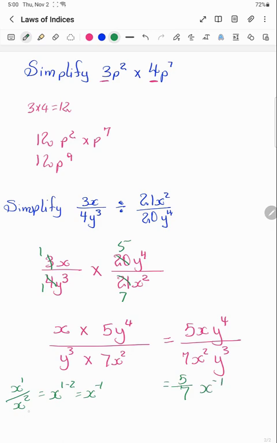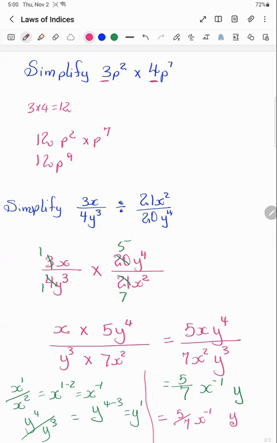Let's work out the y powers now. We have y to the 4th divided by y to the 3rd. And that's going to be y to the 4 minus 3, which is y to the first power. Anything raised to a power of 1 is itself, so we can just put y. So this is going to be 5 over 7 x to the negative 1 y.